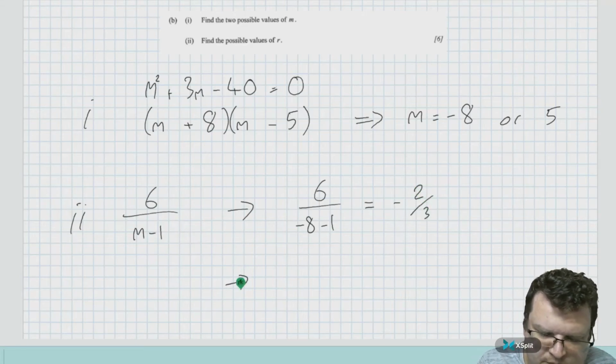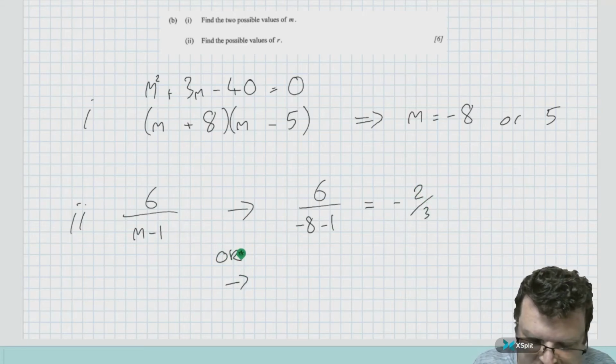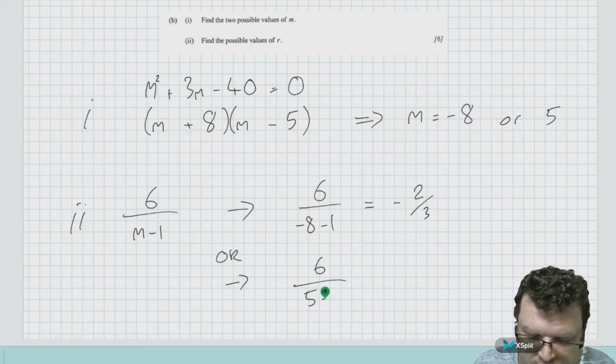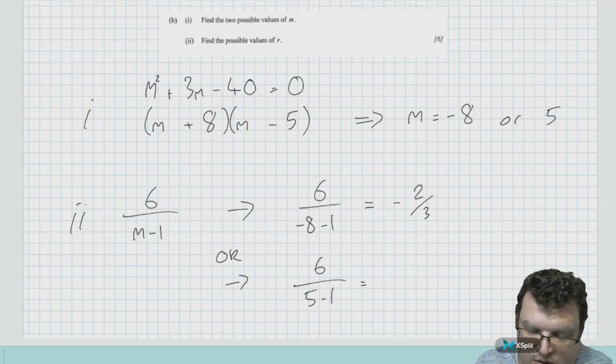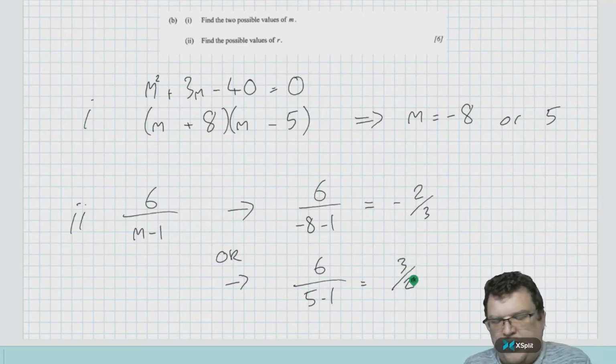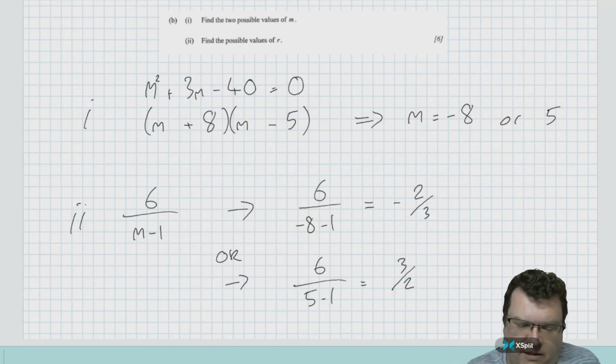Or we have 6 over 5 minus 1, which is 6 over 4, or 3 over 2. And there are two possible answers for r. Okay, not too bad at all so far.